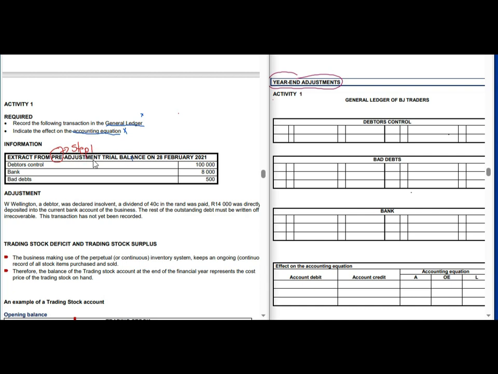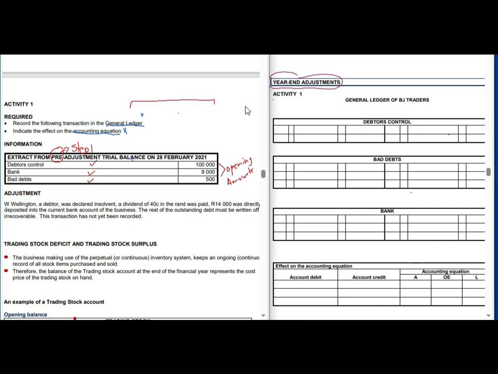You are going to have certain accounts there, such as debtors control, bank, and bad debt, and we are given amounts. These amounts are our opening balances. And the financial year ends when? On the 28th February.